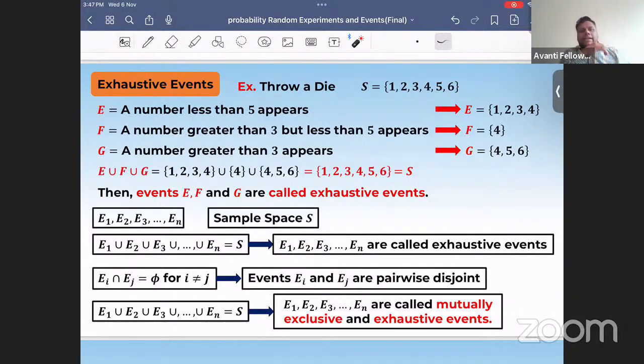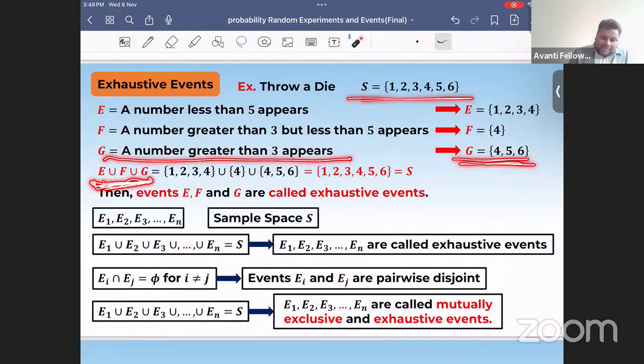Getting my point? Like E is what? A number less than 5 appears. So what do we get? 1, 2, 3, 4. F is what? A number greater than 3 but less than 5 appears. So F is 4. There is an event G, a number greater than 3 appears, meaning 4, 5, 6. So is there an intersection? Is the union the total sample space?